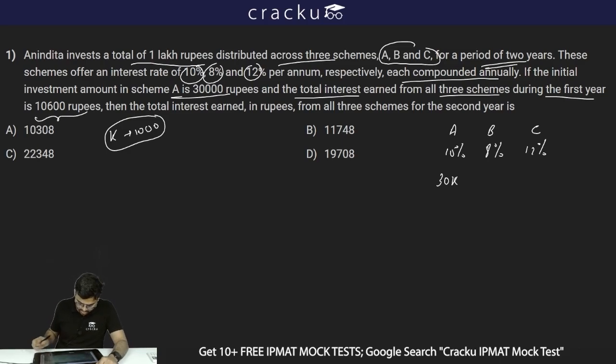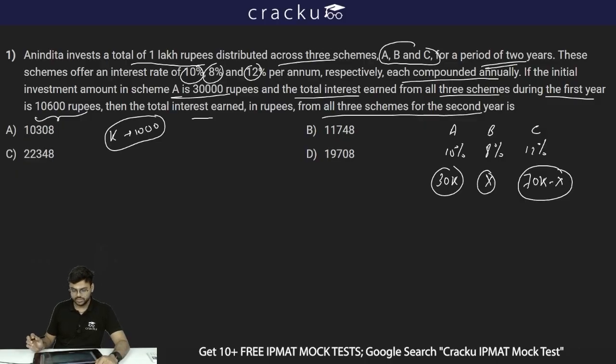Then we have to find the total interest earned in rupees from all the schemes in the second year. So in scheme A, 30,000 rupees is invested, and the total amount invested is 1 lakh rupees. Now I'll assume the amount invested in scheme B is X. Then the amount invested in scheme C will be 70,000 minus X.